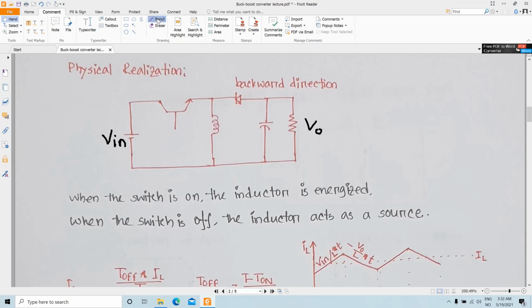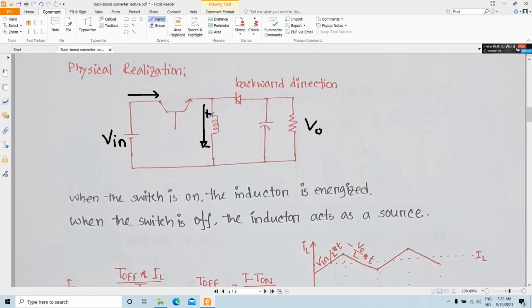Now what happens here is that whenever your switch is on, during that time your current is flowing like this, and it is energizing the inductor, and the polarity of the inductor voltage VL is like this.